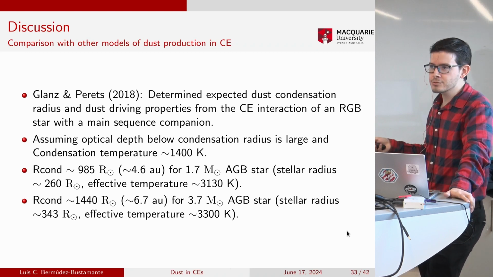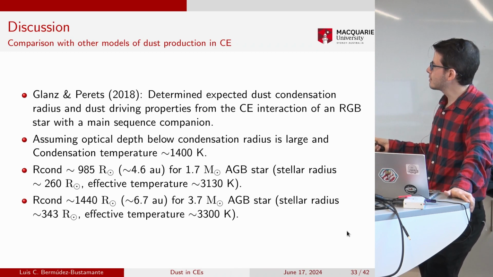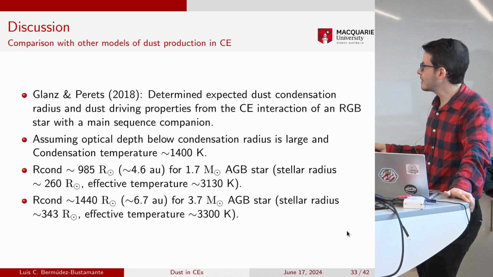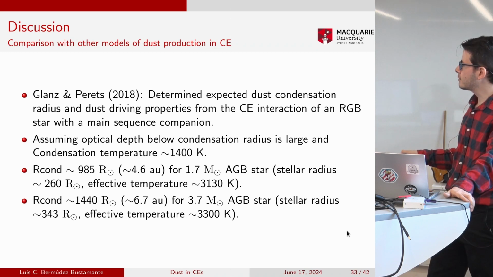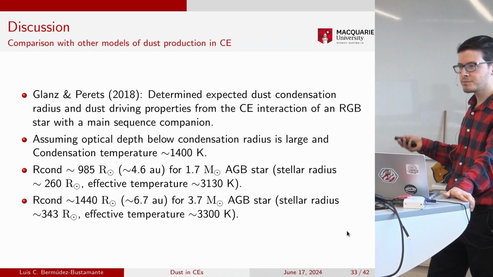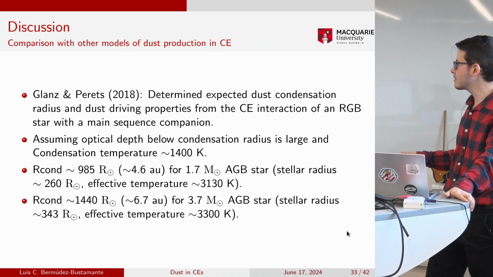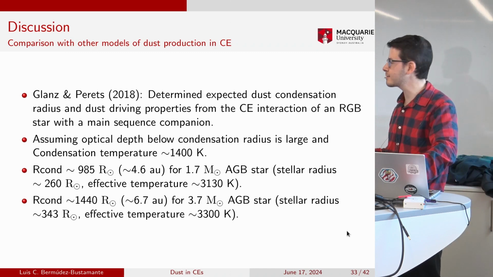Their results are that if we use the formula that they derived for our model for the 1.7 solar mass AGB star, the condensation radius is close to 5 astronomical units, or in the case of the 3.7 solar mass AGB star, the condensation radius is close to 7 astronomical units. But that is in the analytical estimation.